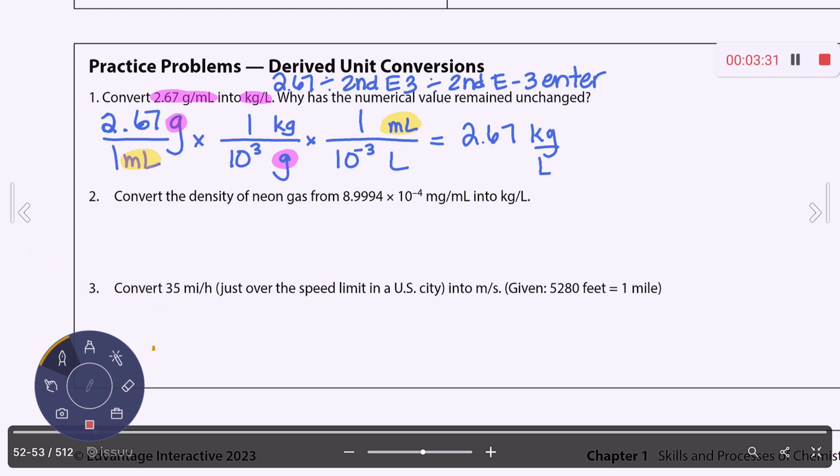In terms of sig figs, you have 3 significant figures here. The number 1 is infinite, the 1 in the power of 10 are infinite, and then you're ending with 3 sig figs here.